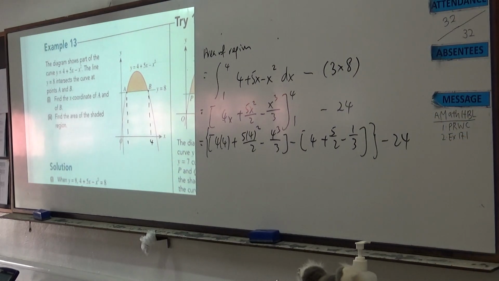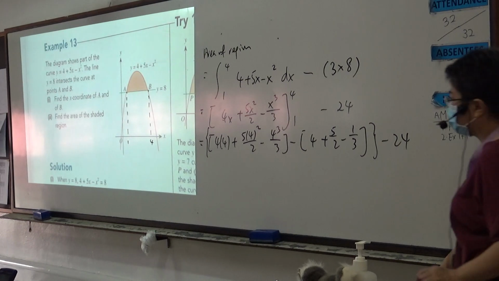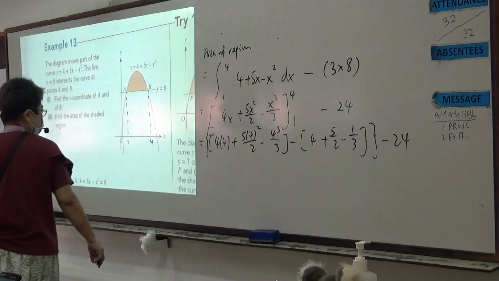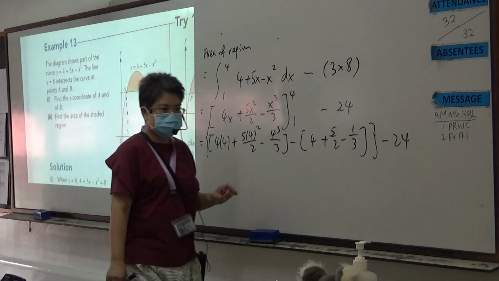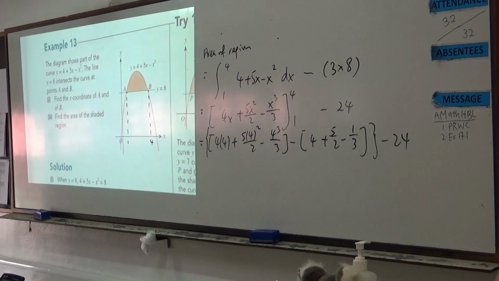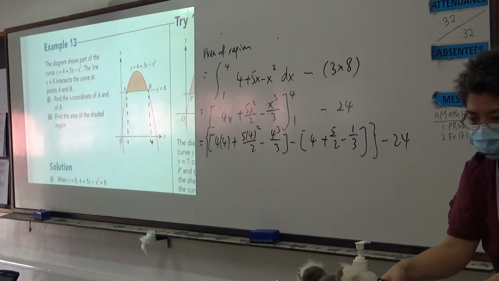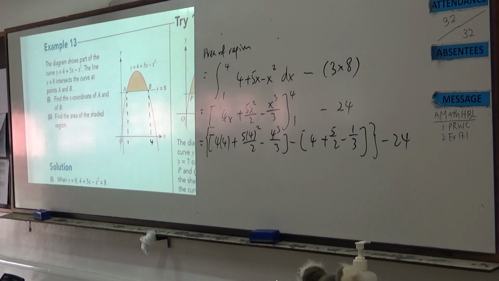So what is my answer? 9 over 2, which is 4.5 unit square. Can everybody get 4.5 unit square?